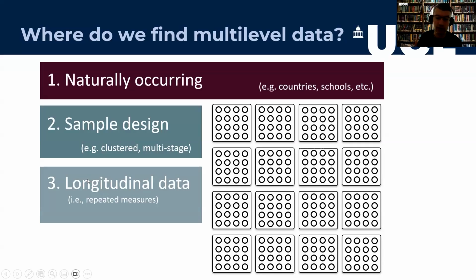And the interpretation of the results when we have longitudinal data is slightly different than it would be for multi-level data sets. And of course, there could also be a combination of all of the above, which could make the data look multi-level.